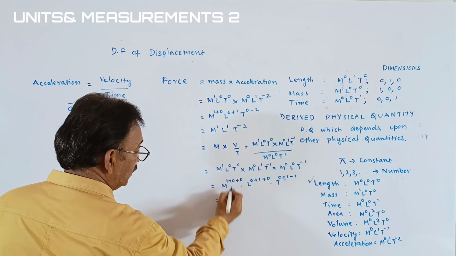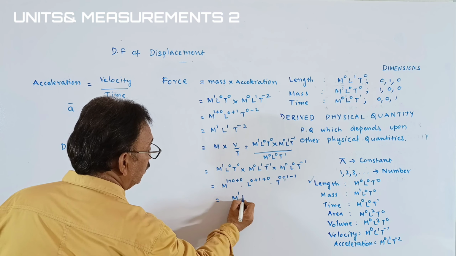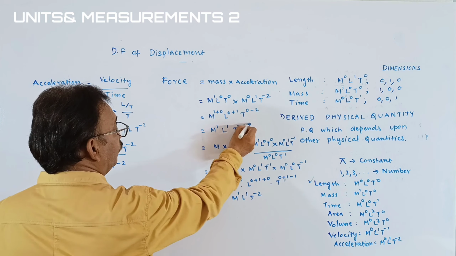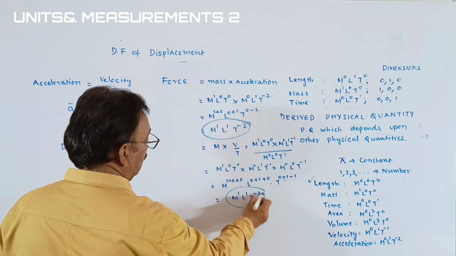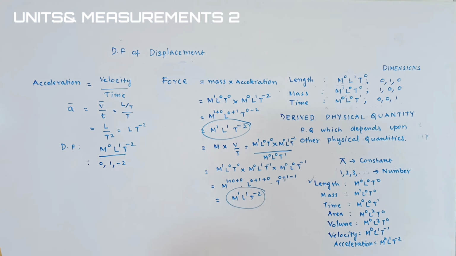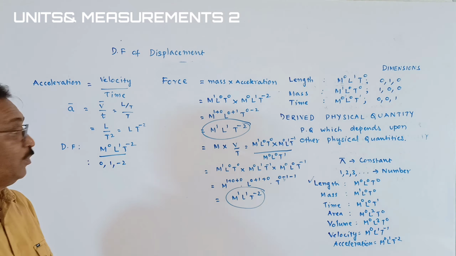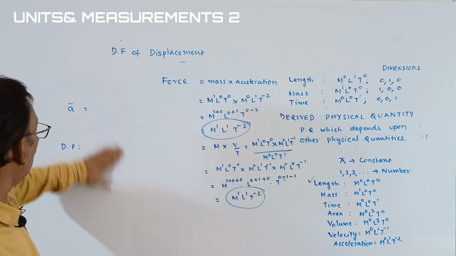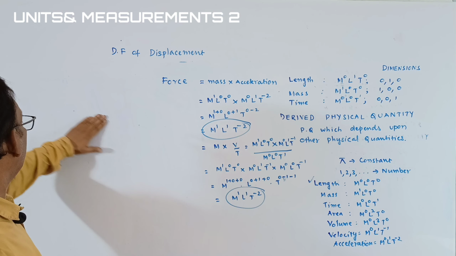We get the same thing: M to the power of 1, L to the power of 1, and T to the power of minus 2. See, what we had here can be formed by using this relation. Force is over, students. Then after, we are going with one more physical quantity, which is work or energy.